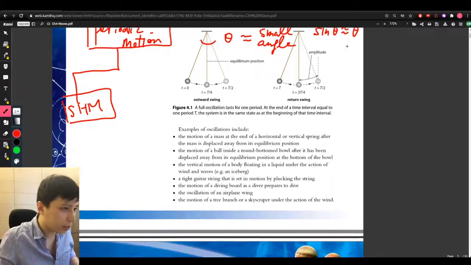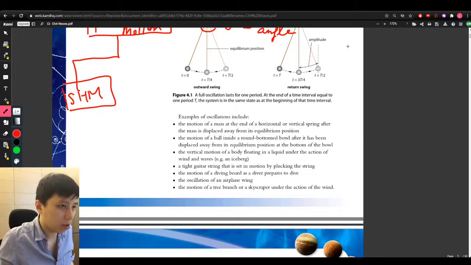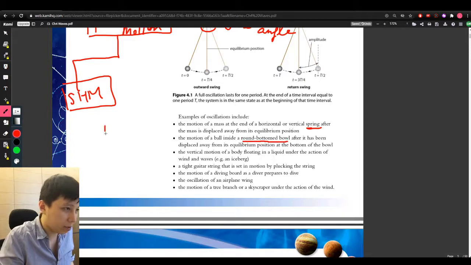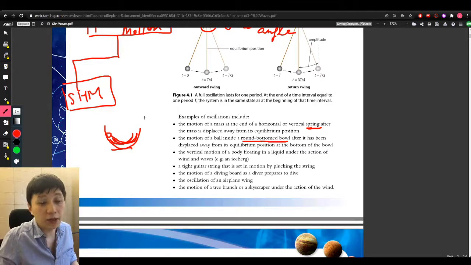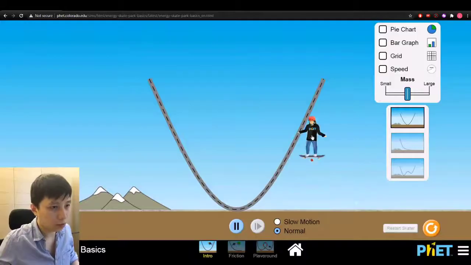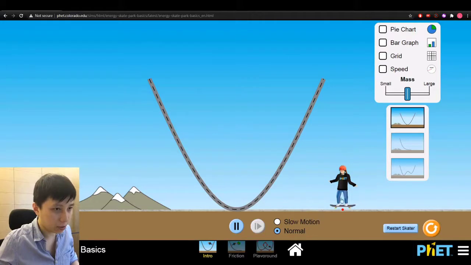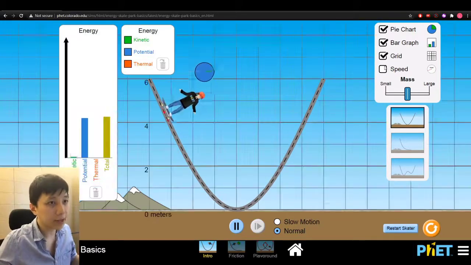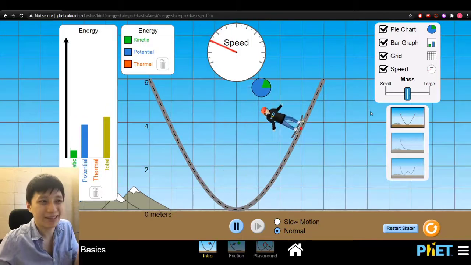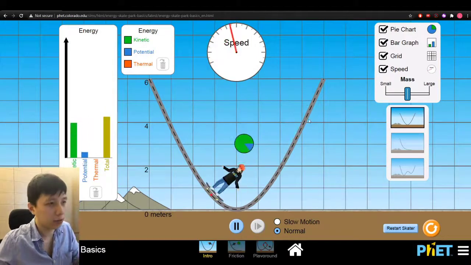And so here is the list of what could be oscillating. So of course, the spring that we did earlier in the simulation, it could be simply a rounded bottom ball that is rolling, a bit similar to the PhET simulation, which is this one, right? So imagine this is the ball, and this is kind of oscillating from one side to another.